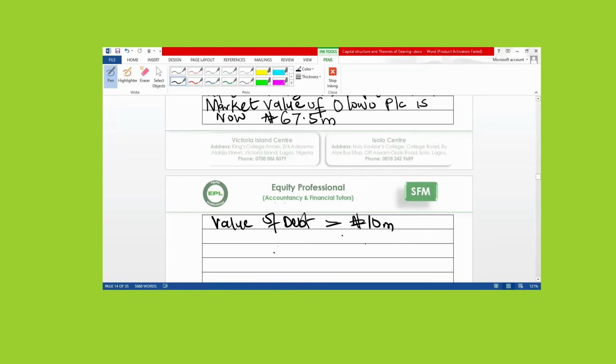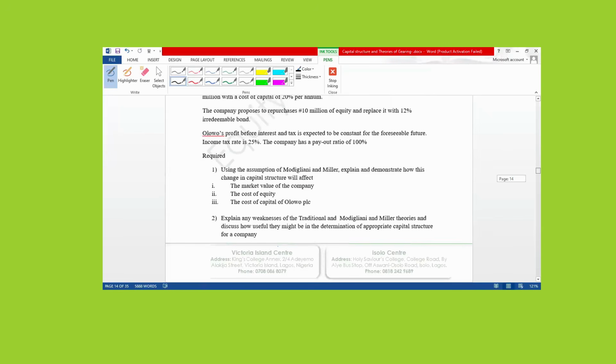That means value of equity is 57.5. Total value of the company, 67.5 million. We are done with this.